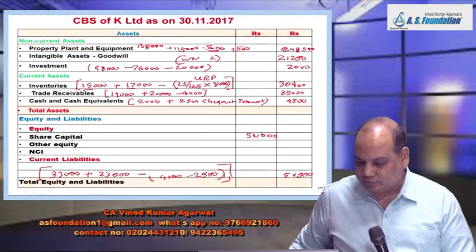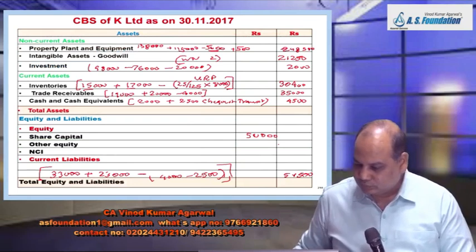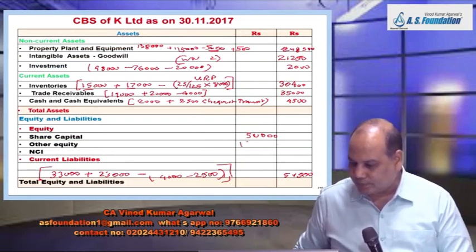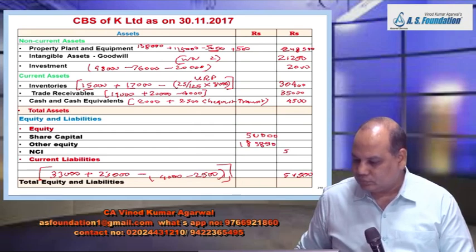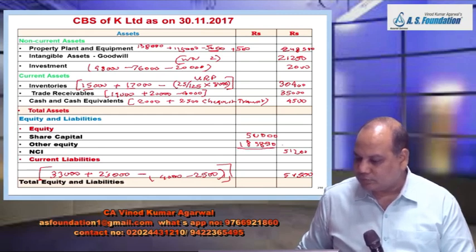Retained earning write down 185,890. And NCI is how much? 51,260. Total of share capital and other equity in the outer column 235,890.